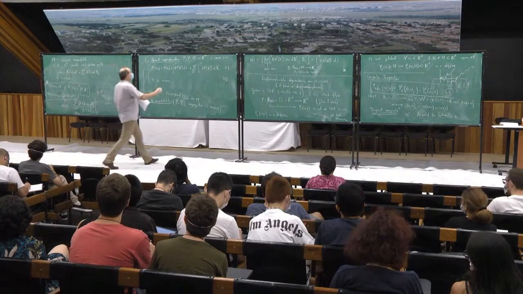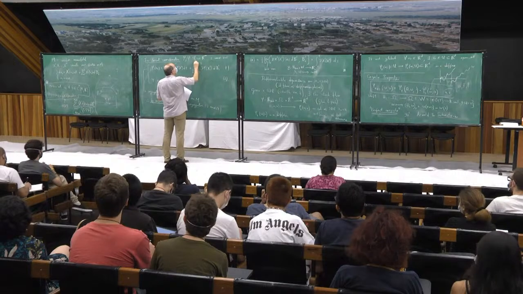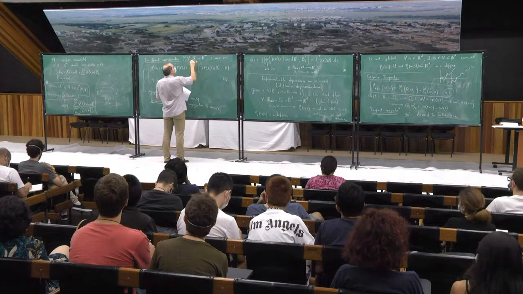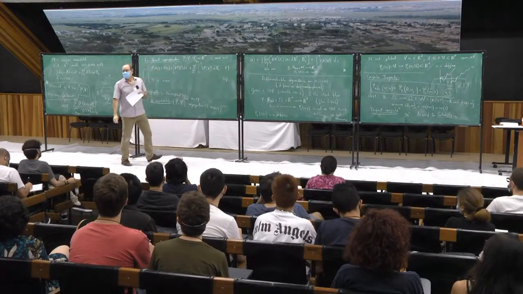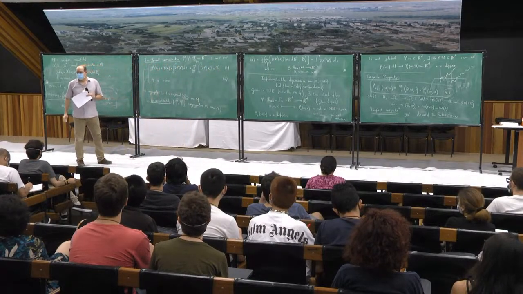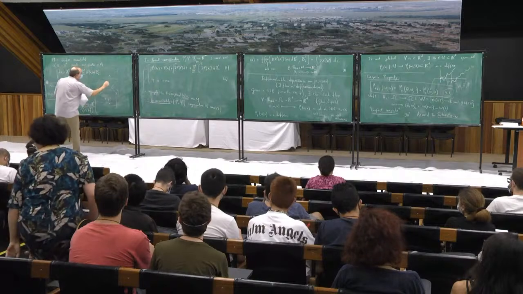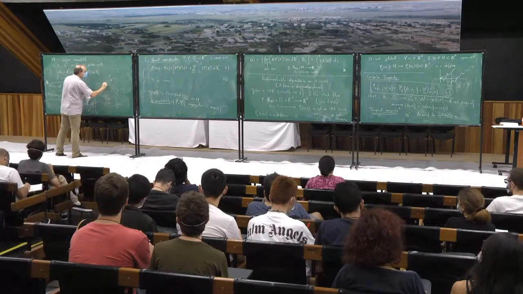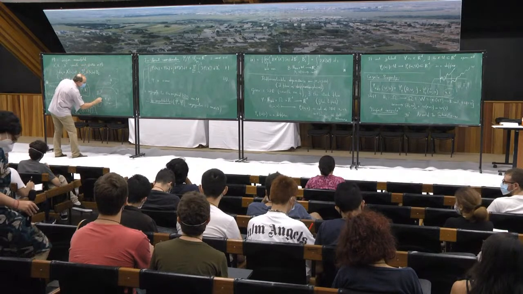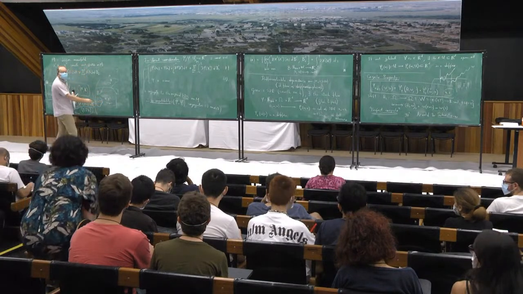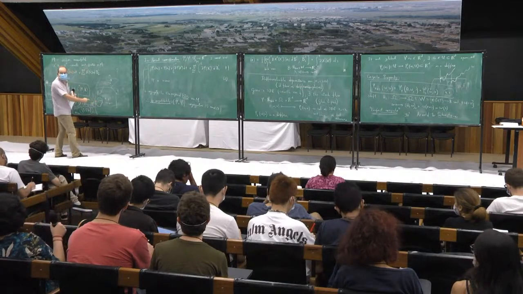U here is an open set in M in the domain of the two coordinate systems. The solution here up to a stopping time is the solution down there up to the stopping time with respect to this coordinate system.